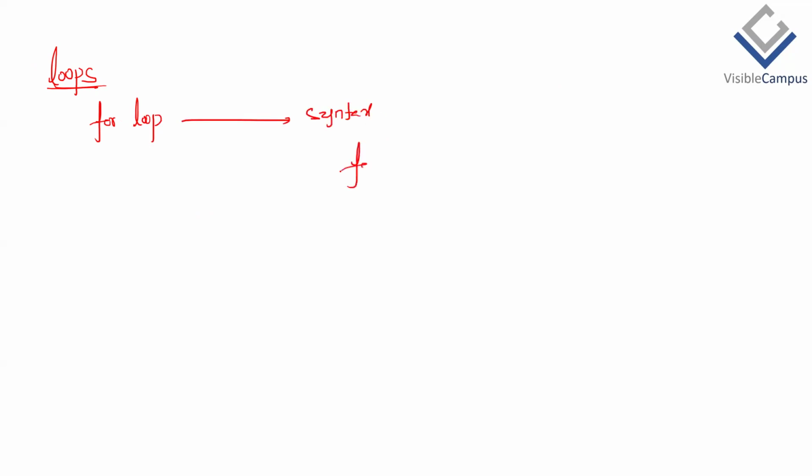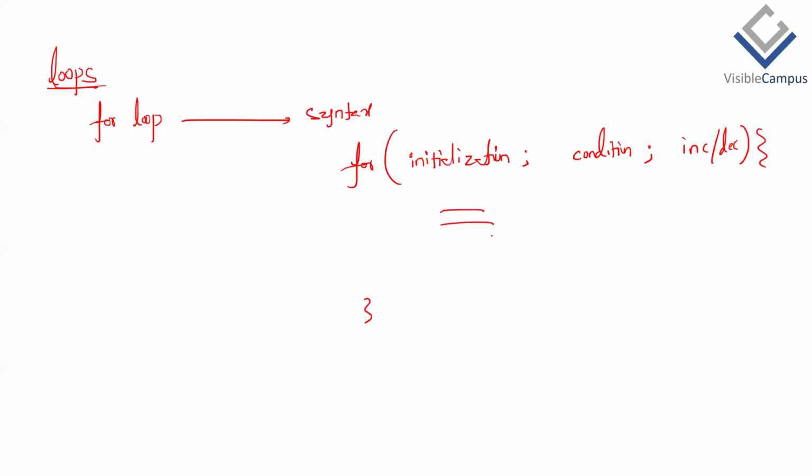That is for, initialization, then semicolon, then condition, then semicolon, either increment or decrement. Then the for loop body, we can write some lines of code. This will be executed a certain number of times based on the condition. As long as the condition is true, this will be repeated. Once the condition becomes false, the loop will be terminated. So this is the concept.